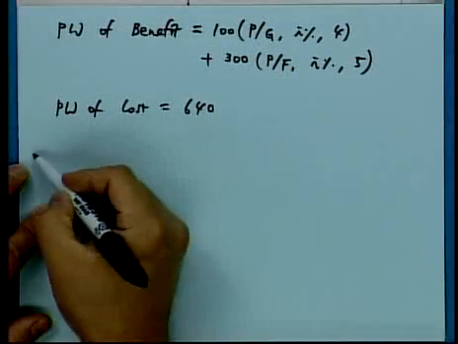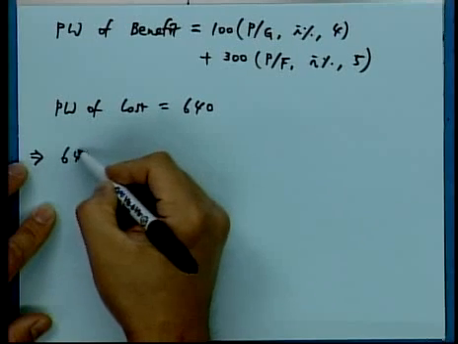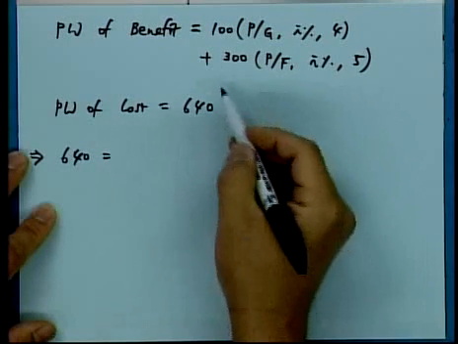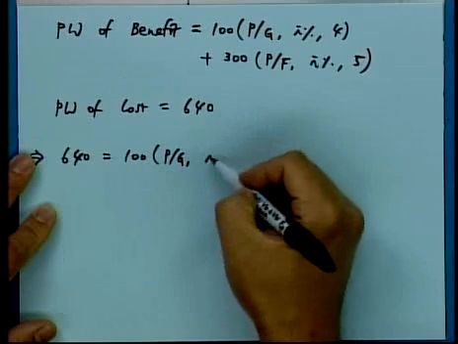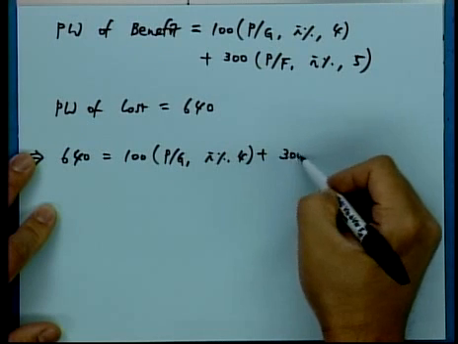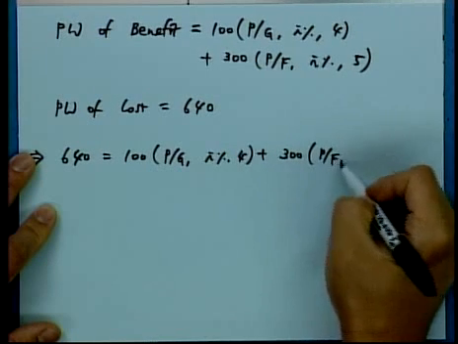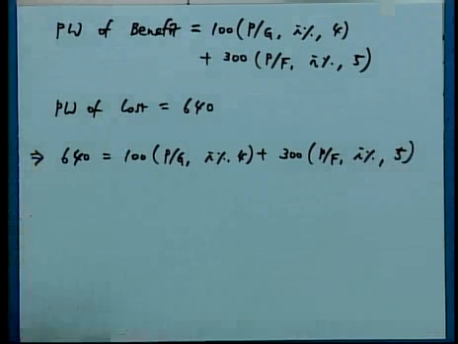So we need to solve 640 equals 100 P given G I% over 4 periods plus 300 P given F I% over 5 periods. Is that correct?